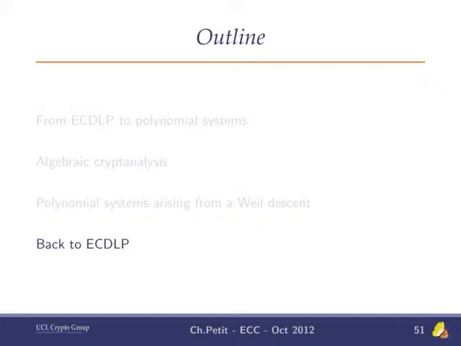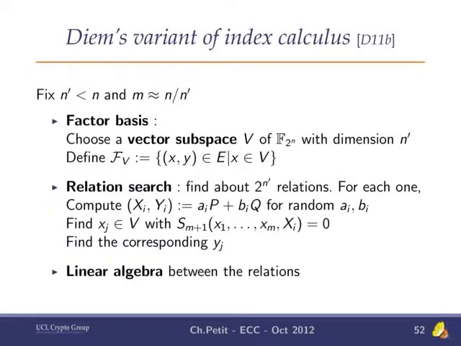We're back to Diem's algorithm. Remember that we're working over the field F_2^n. We have defined n' and m such that m times n' is roughly equal to n. We have defined the factor basis as the set of points with x coordinates in a vector subspace here.